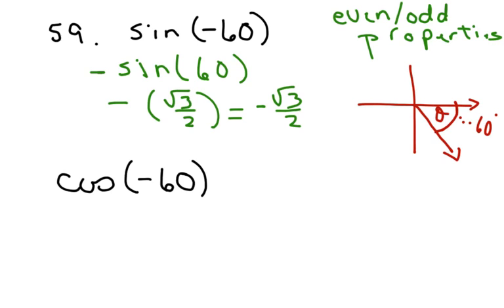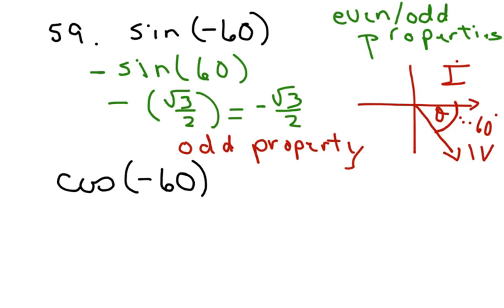That means sine at 60 is positive, but in quadrant 4, sine is negative. That's why this is an odd property, because we're talking about quadrant 1 and quadrant 4.